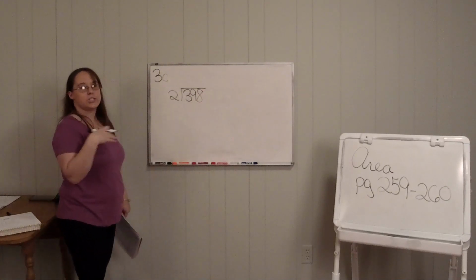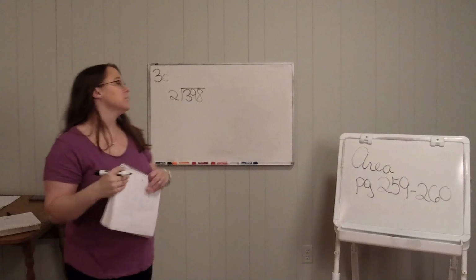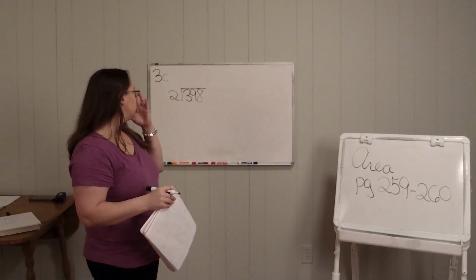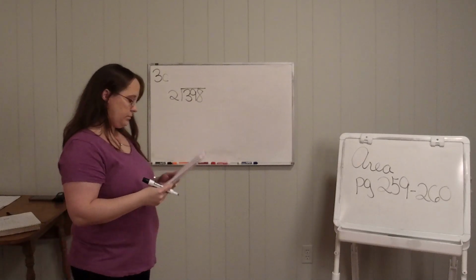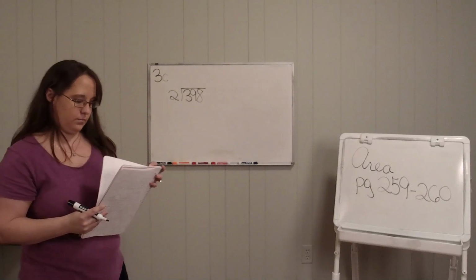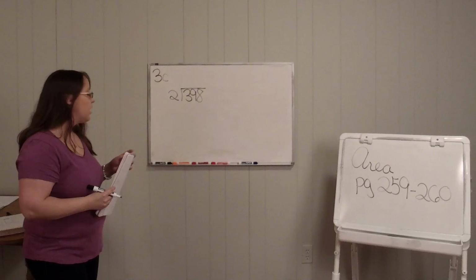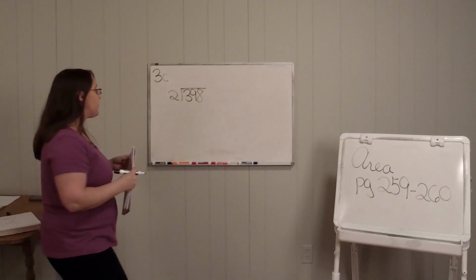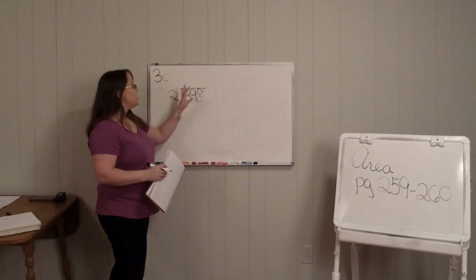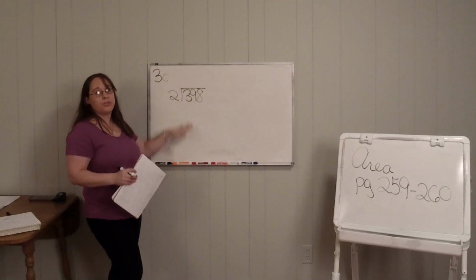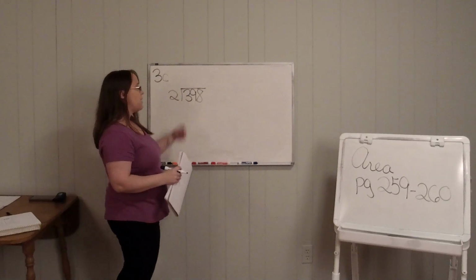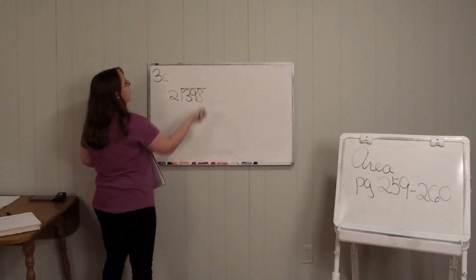So I'm going to give you a chance to work that out. Alright, work it with me, okay? I just started with the 3. You could have gone the whole 39. How many times can 2 go into 3? 1.